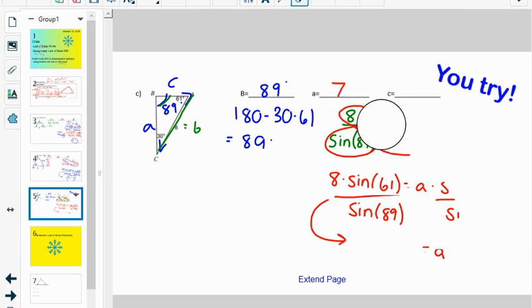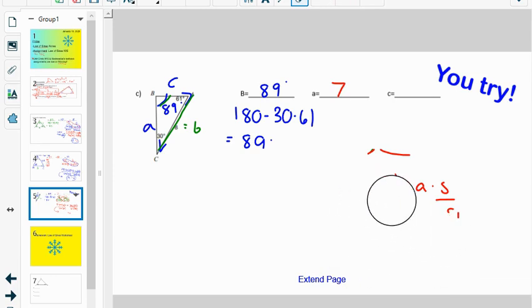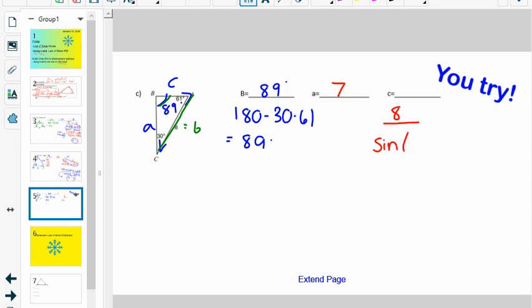All right, last side that we're going to look for is side C. We know angle B and we know side B, 8 over sine of 89. That's what we know. We know that side and angle. What we don't know is side C. We know angle C is 30 degrees.